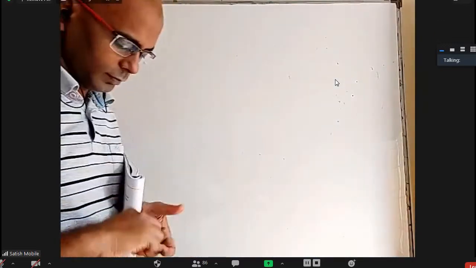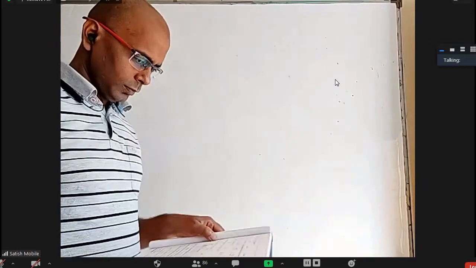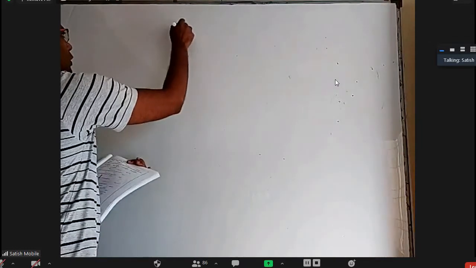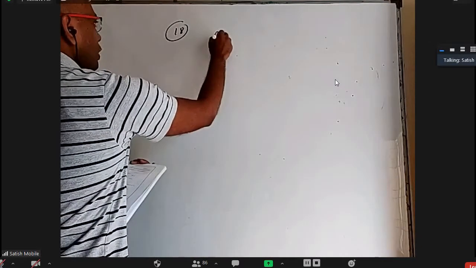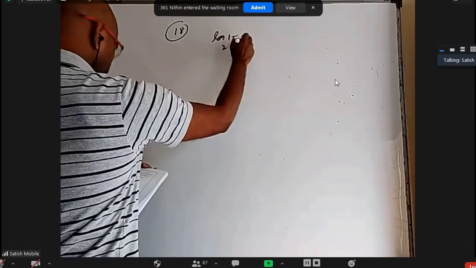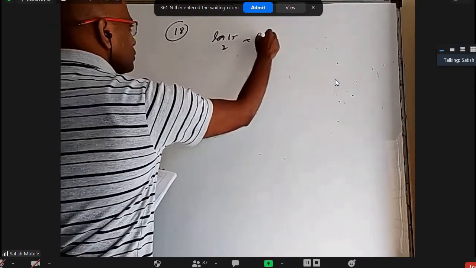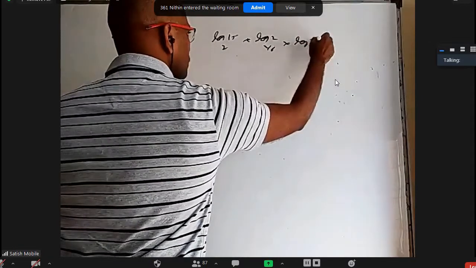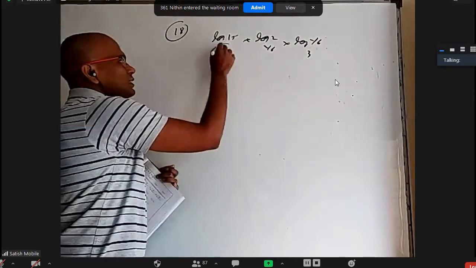Okay, fine. Somebody asking 18. So log 15 base 2 into log 2 base 1 by 6 into log 1 by 6 base 3. This and this are same.